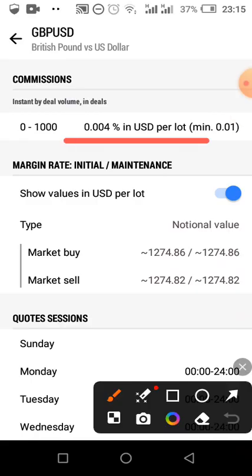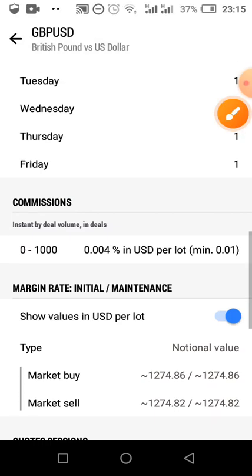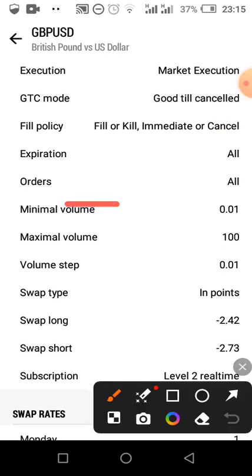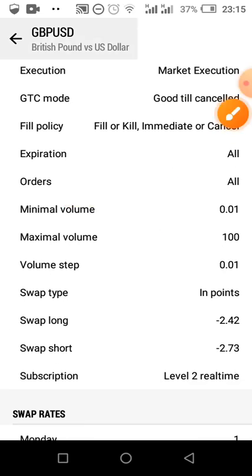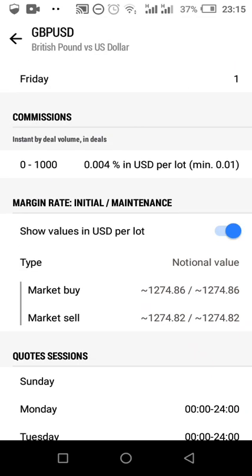Okay, so these are the ones, this section. For you to understand them better, you would first have to check the minimum volume of your instrument. Minimum volume is just the smallest lot size with which you can open your trade.